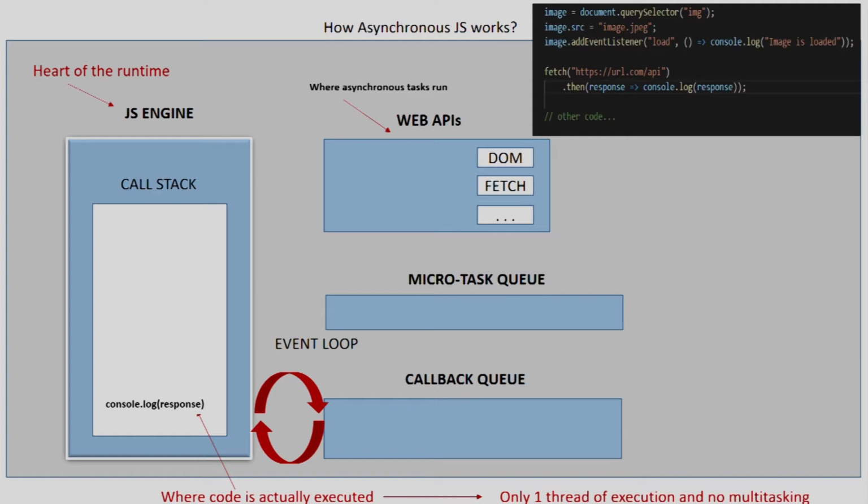It picks up the callback from the micro task queue and executes it in the call stack. Code is being executed in a single threaded way in the call stack. So as you can see, JavaScript is a single threaded language, but asynchronous tasks are made possible with the help of the web API environment, micro task queue, callback queue, and the event loop.